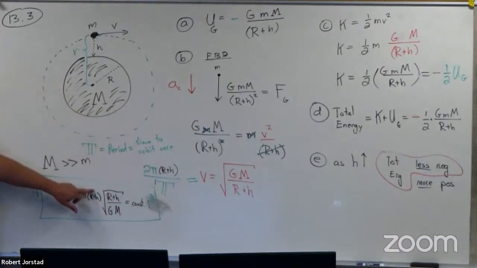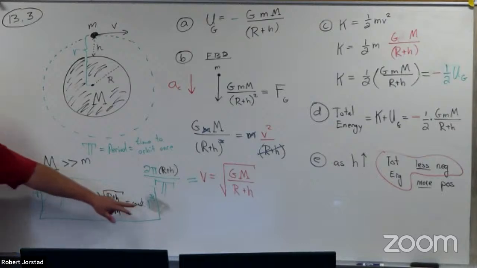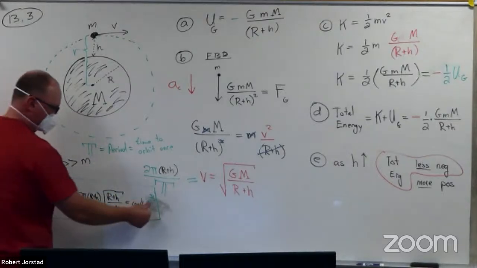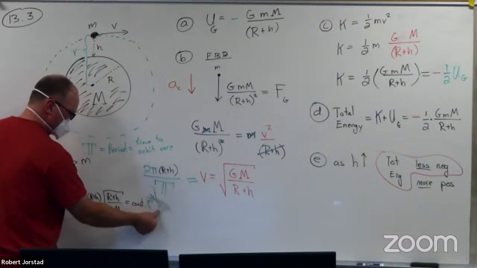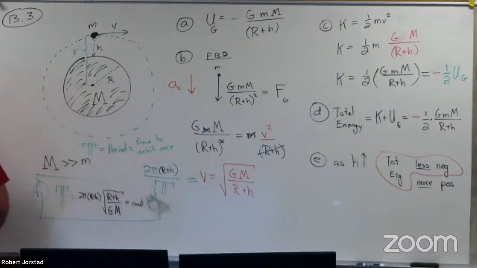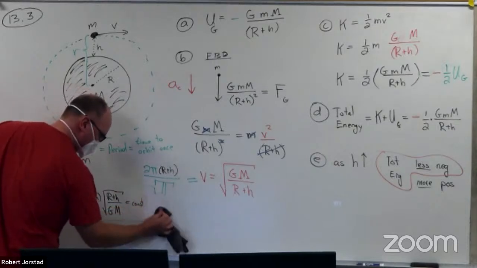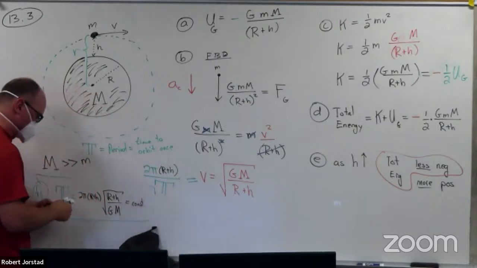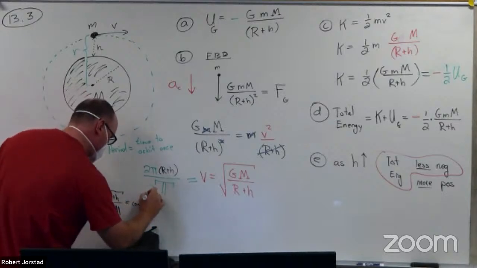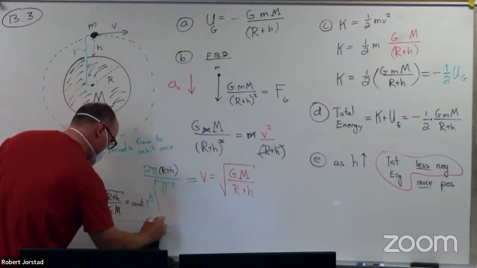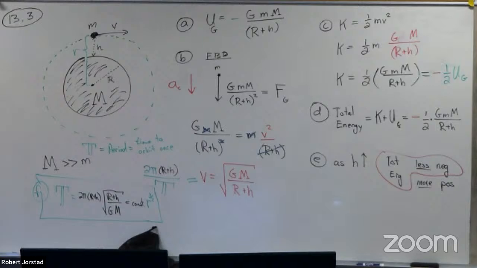Right? Because there's 2/2 and another 1/2. And remember, little r here is big R plus h. All right, it's so sloppy. That's Kepler's third law. Or is it second? I forget. Third. Got it? Cool? The period of the orbit.